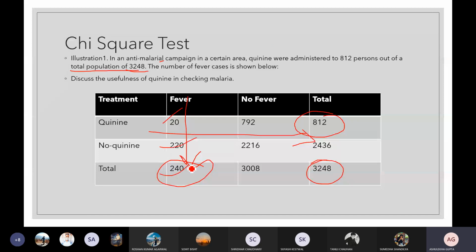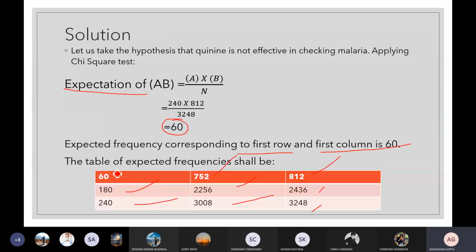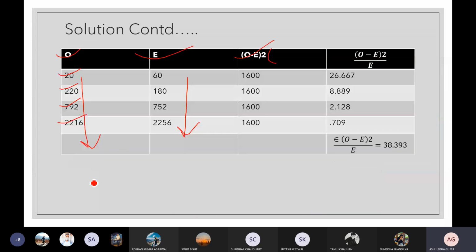The same numbers you can see here: 20, 220, 792, 2216, right? And here the expected frequency we have taken from this place: 60, 180 and 240. Am I right? 60, 180, 752, and this is the total.